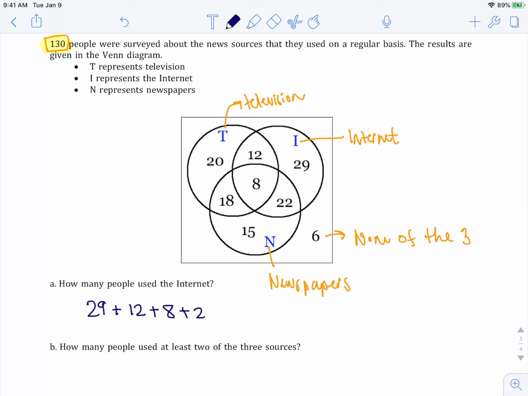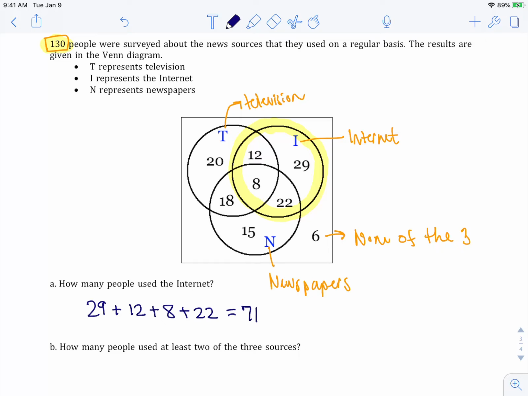And 22 people use it with newspapers. So to make sense of that, I am looking at the entire circle for I, and I'm adding all of those up. So 29 plus 12 plus 8 plus 22, I end up getting 71.